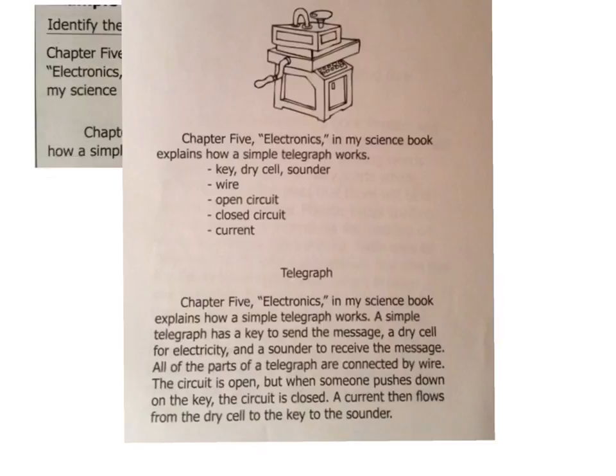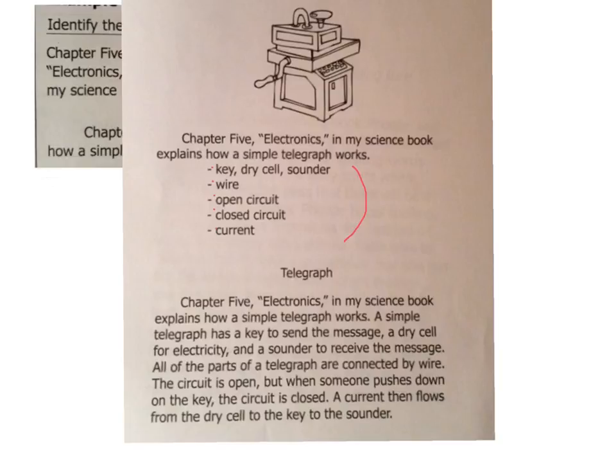Then right here are your key ideas. Key, dry cell, sounder, wire, open circuit, closed circuit, current. Okay, so we've got just 5 dashes, 5 simple words or simple phrases that take the main key details from that chapter.